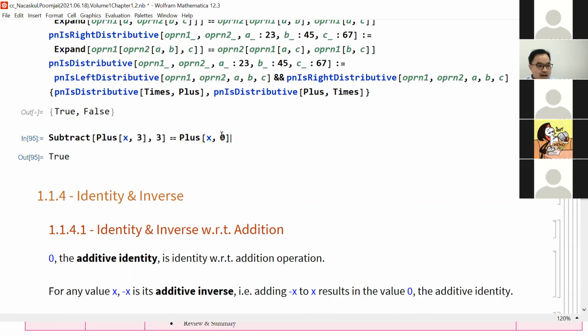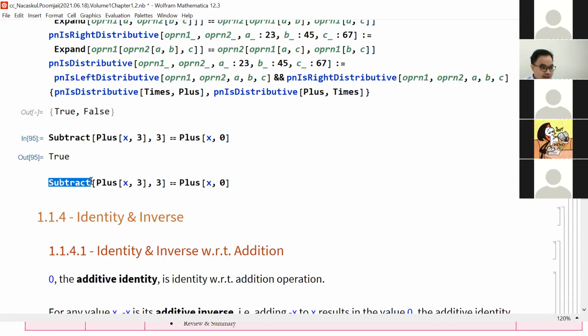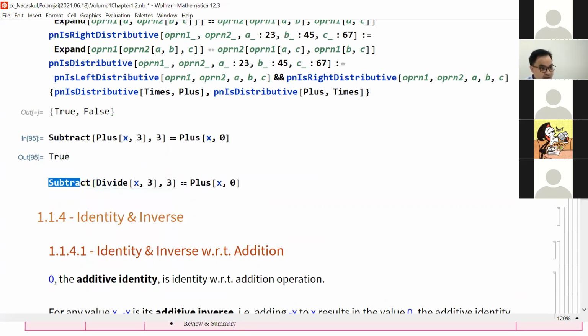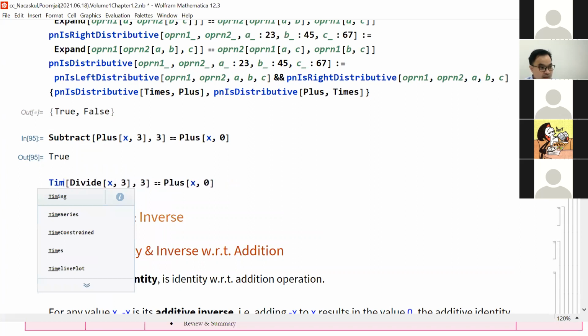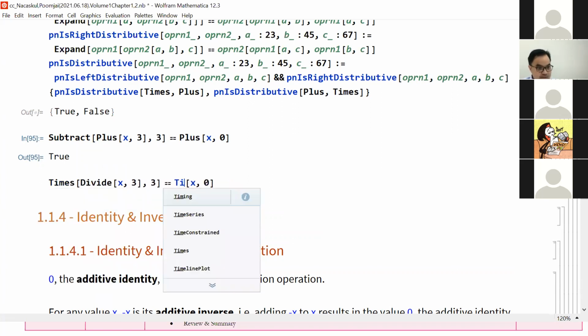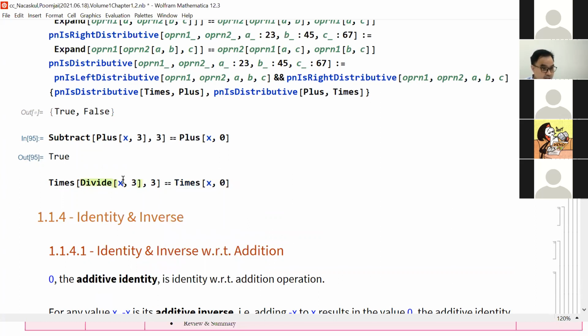Likewise, let's do divide and times. It's the same thing as multiplying x by 1.